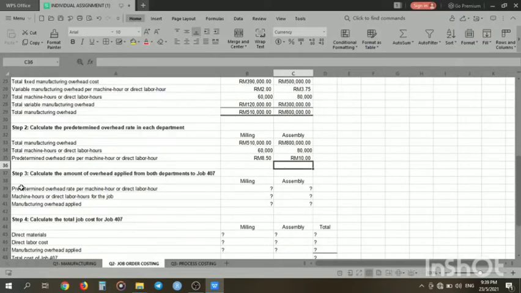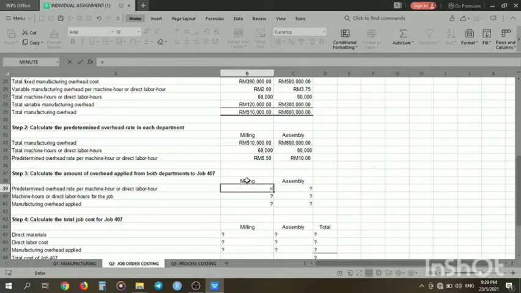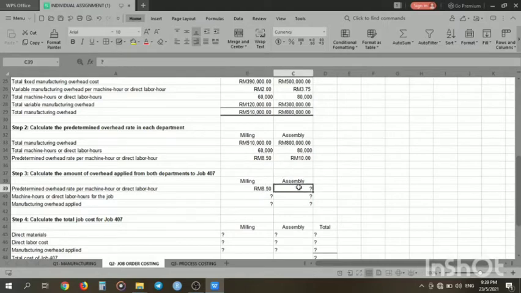For the next step, we determine the overhead rate per machine hour or direct labor hour for milling. We took the amount from the previous step, and the same goes for assembly.